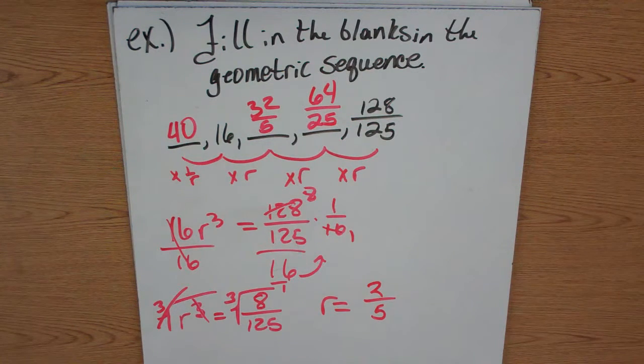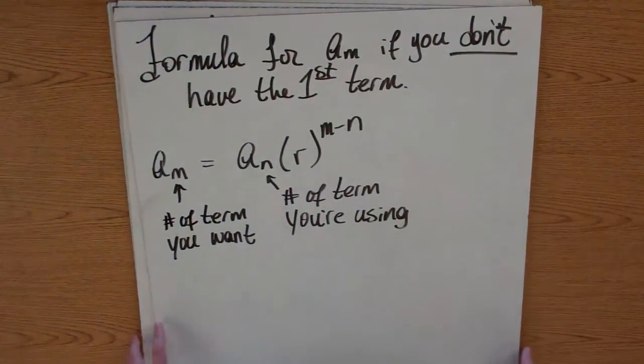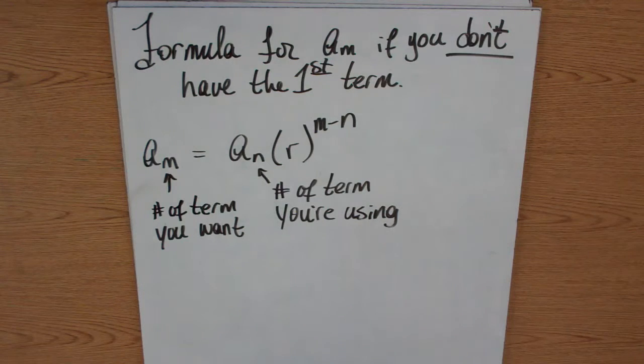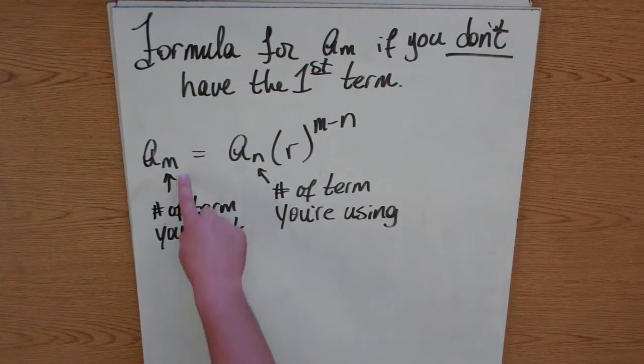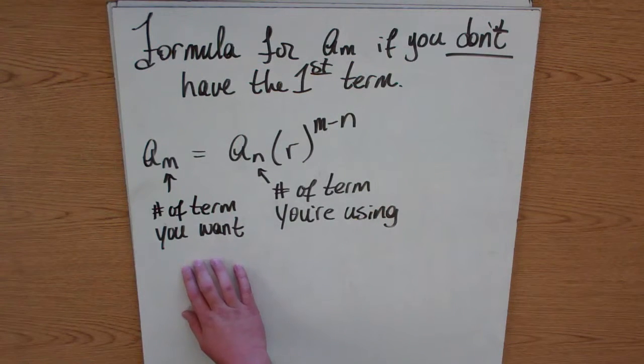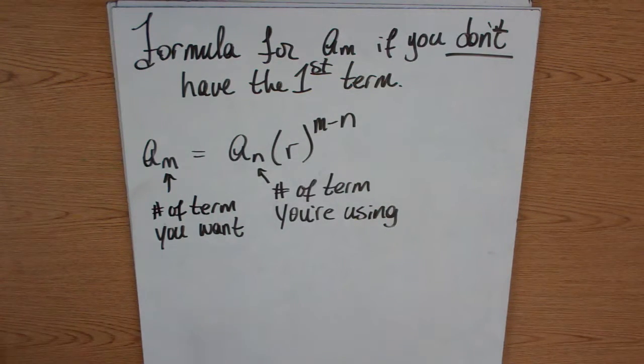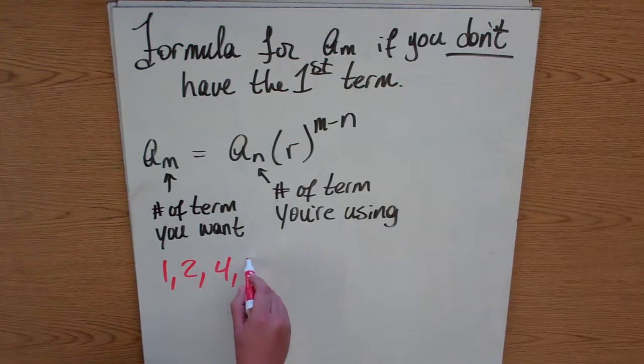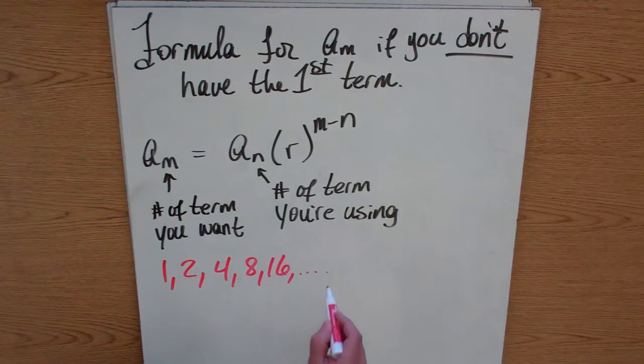Now, here's the formula, because the last formula I gave you used your first term. What happens if you need to find a number and you don't have your first term? So you're going to use a sub m, where m is the number of the term you're looking for. Let's just make an example: 1, 2, 4, 8, 16, and so on.